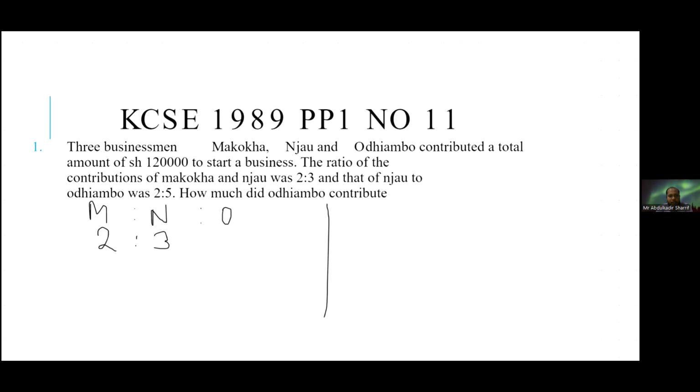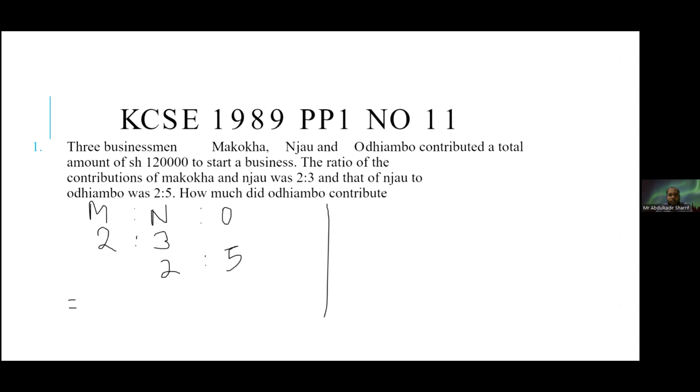So for you to find the ratio of Makoha to Njau to Odhiambo wote in total, mwanzo angalia yule ambaye ako similar kwa both ratios, and that is Njau. Yapatikana hapa juu na yapatikana hapa chini.